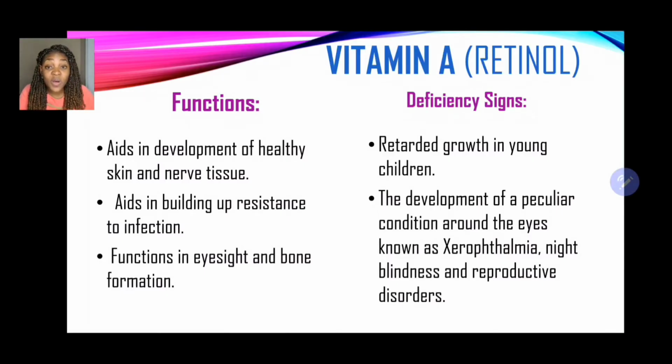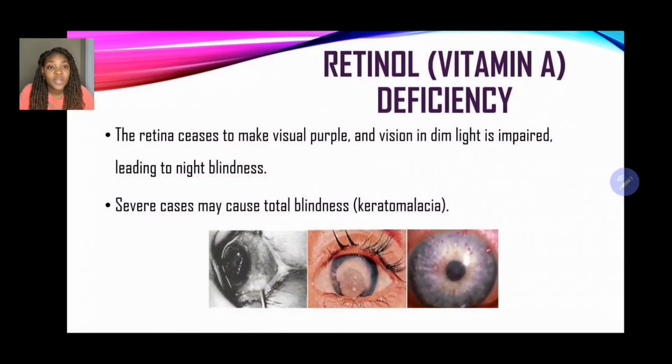Now, guys, there's also the development of a peculiar condition around the eyes known as xerophthalmia, right? Now, night blindness and reproductive disorder. Good. Now, you notice that the scientific name is retinol, right? Coming from the word retina from the eye. All right, let us see the link here.